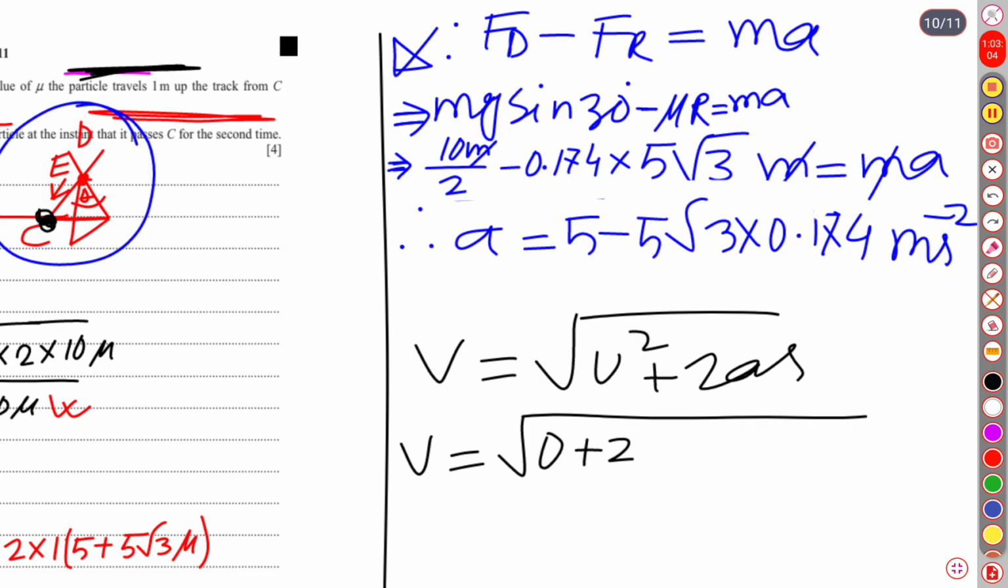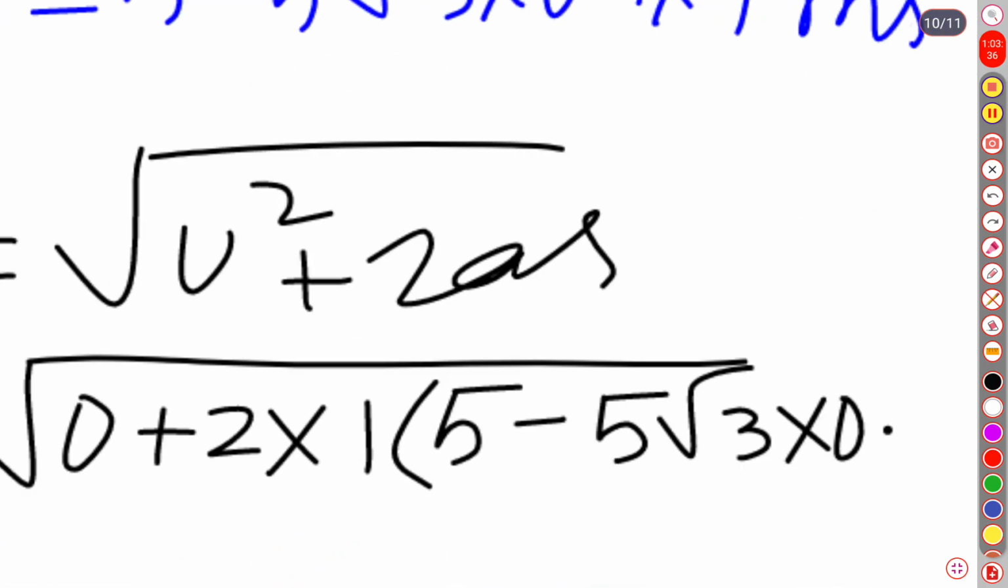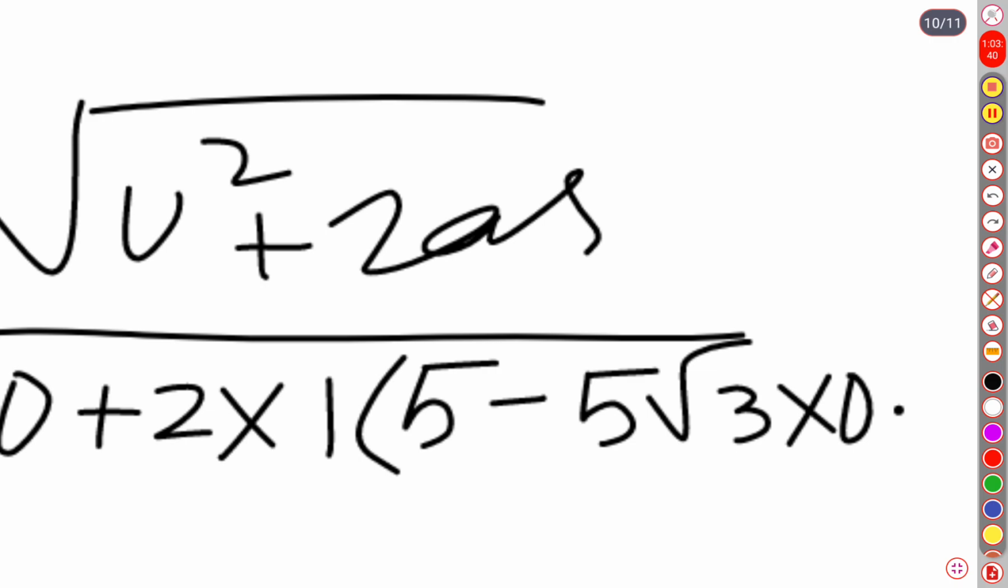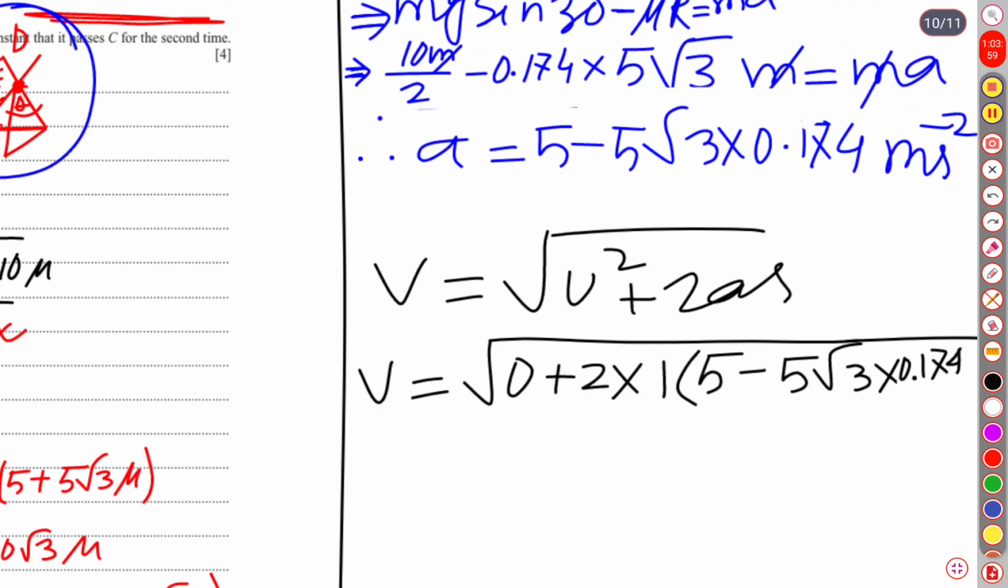The acceleration when it was moving downward was 5 minus 5 square root over 3 into 0.174, and there will be a square root symbol covering everything. This is what our velocity is going to be.